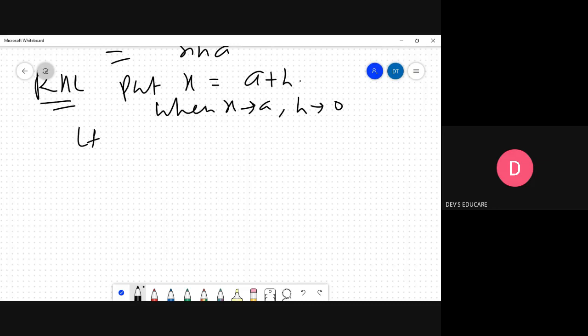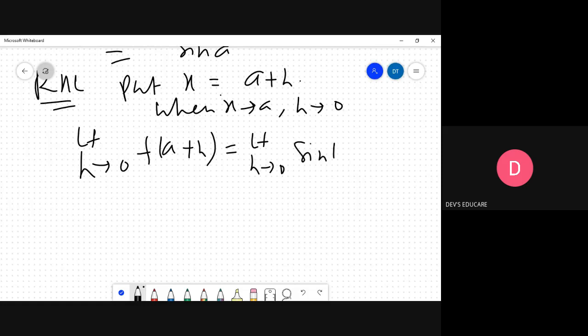Limit h tends to 0, f(a plus h). Why f(a plus h)? We have done nothing, we have just written a plus h in place of x. Limit h tends to 0 of sine(a plus h). So this is limit h tends to 0 of sine a cos h plus cos a sine h.